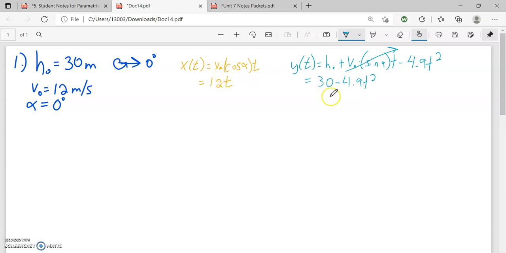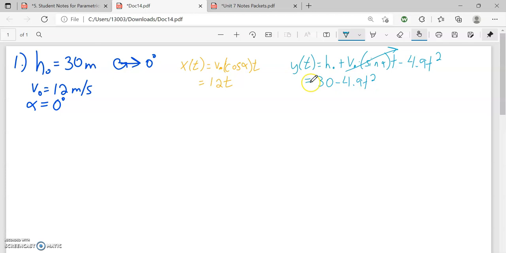But again, the height of the football: at time 0 seconds, t is 0, I just get that we started at 30 meters off the ground. After 1 second, 1 second of gravity has dropped me from 30 to about 25. After 2 seconds, I've dropped even further.